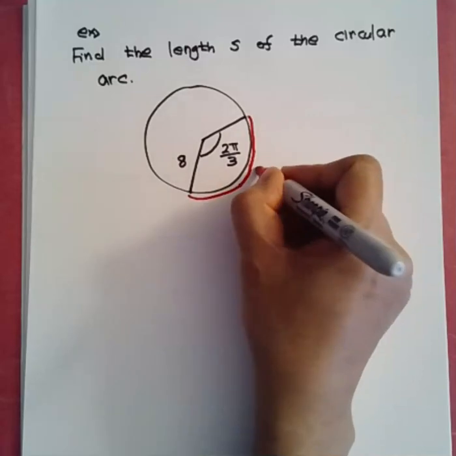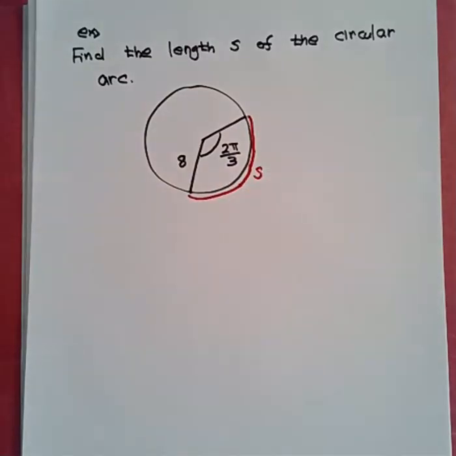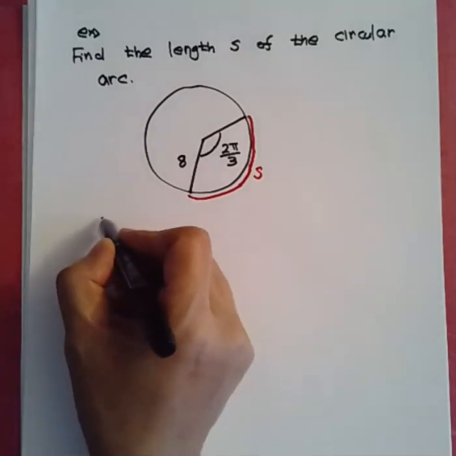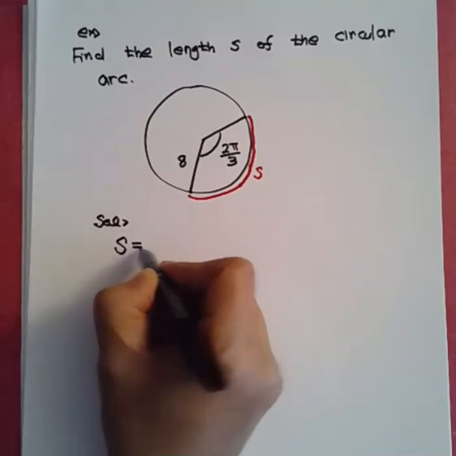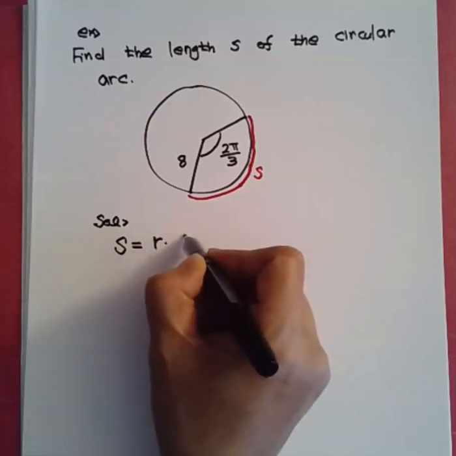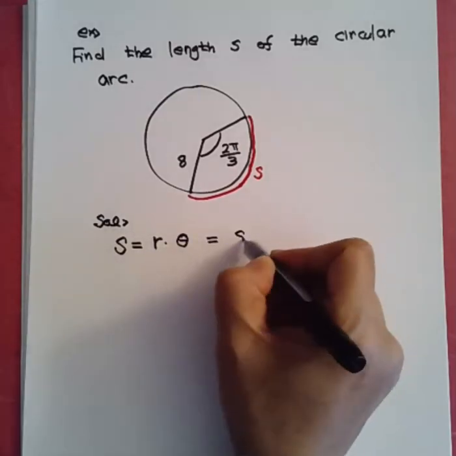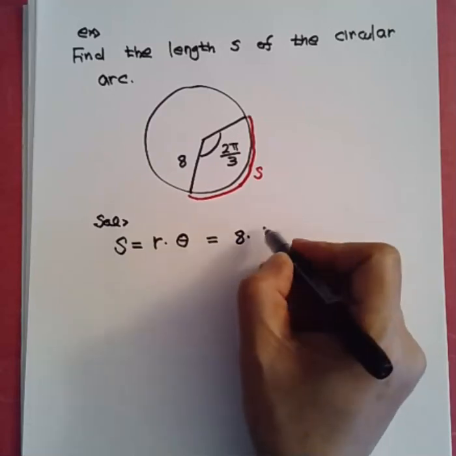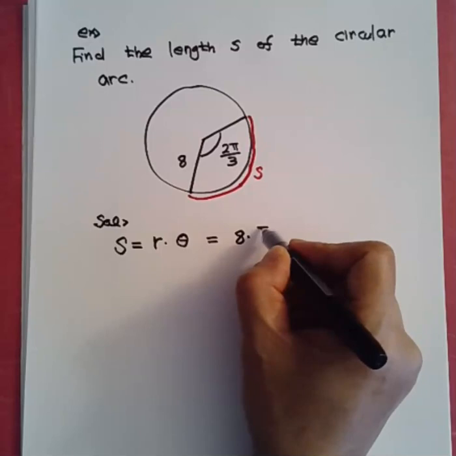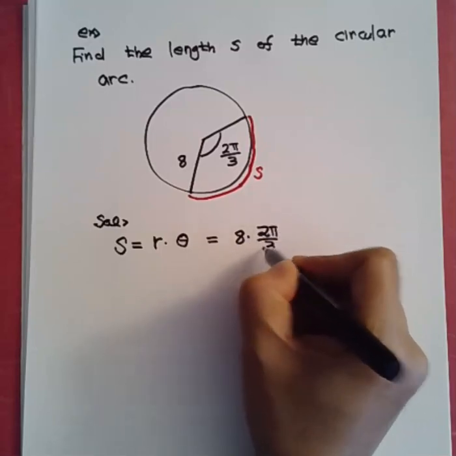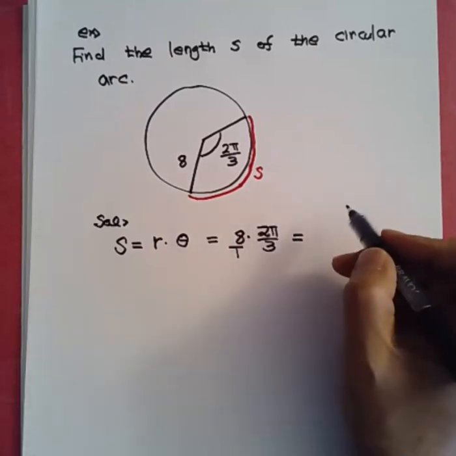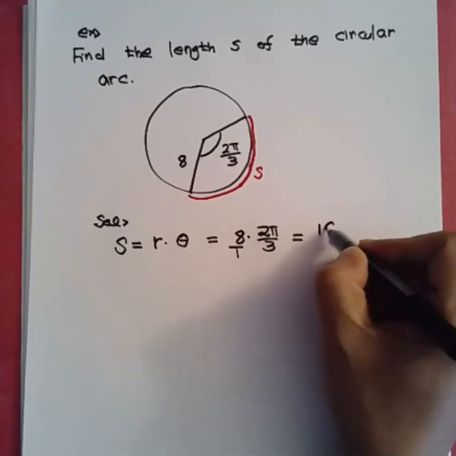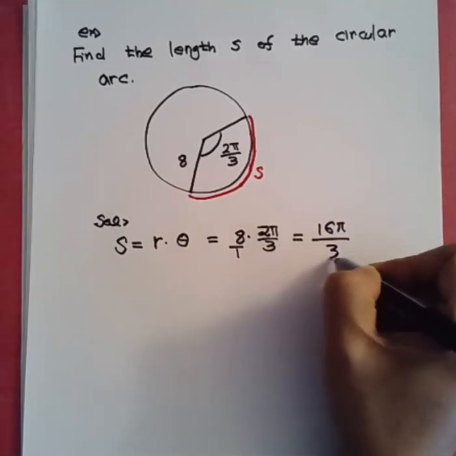This length is S. We want to think about the arc length S. This is a straightforward question. We just use the formula. Arc length is defined as R times theta. So we just multiply theta to R, 8. So 8 times 2 pi over 3. 8 can be written as 8 over 1. The numerators will be multiplied together. So 16 pi over 3.